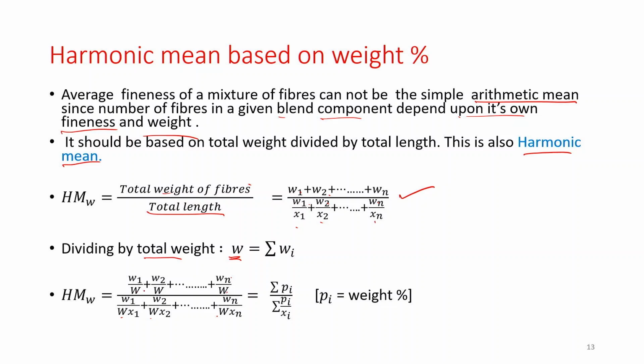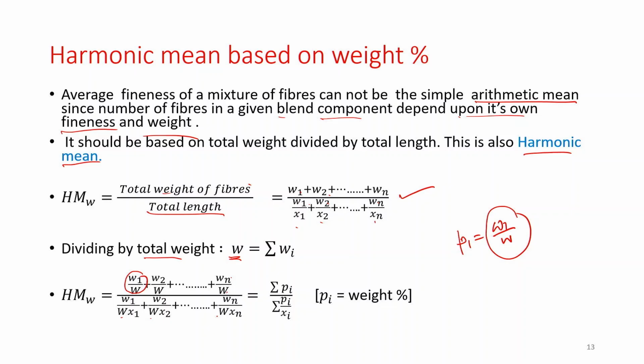Now, what is W1 by W? This is basically the proportion of that fiber. P1 is W1 by capital W, which represents the proportion of fiber of category 1.